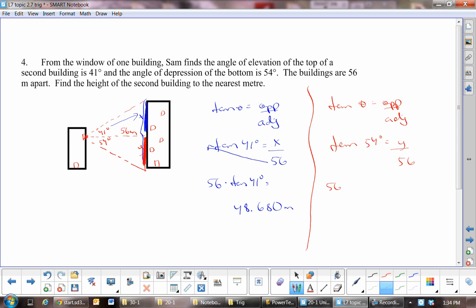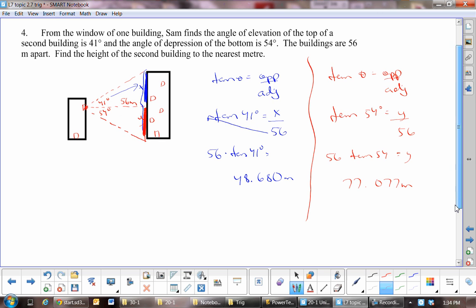We can go 56 times tan 54 equals y, and that would equal 77.077 meters.